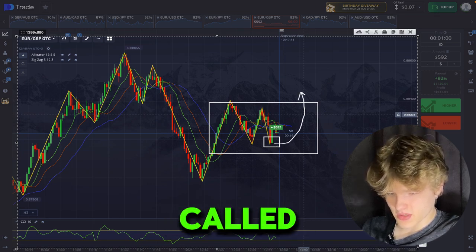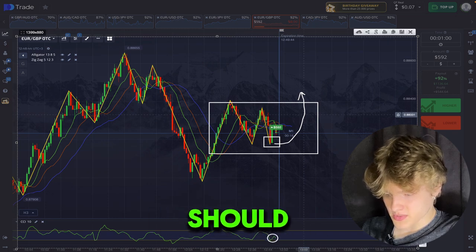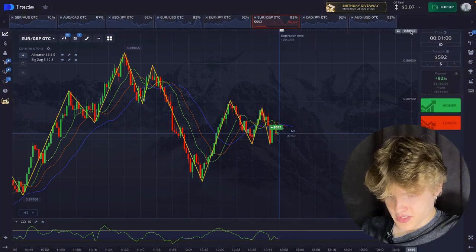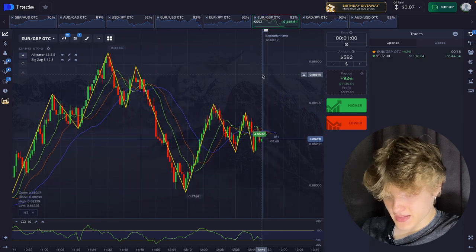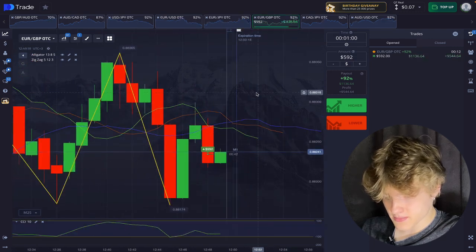And I think this local maximum should be updated and the dynamics of the movement should go up. So here I also observe a bounce from the oversold area on the oscillator. So in this case, on the upside, I have a deal open. Look at the results. There are about 15 seconds left until the end of this deal.